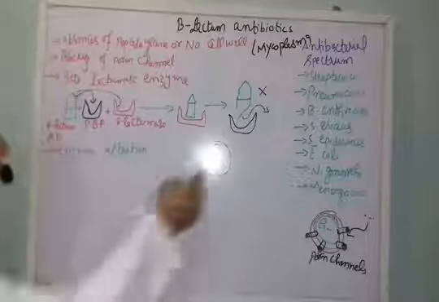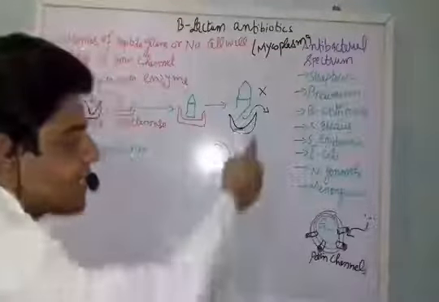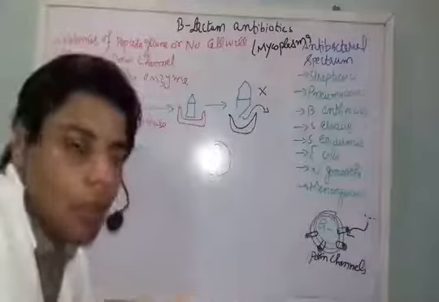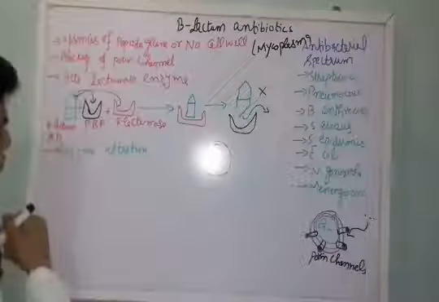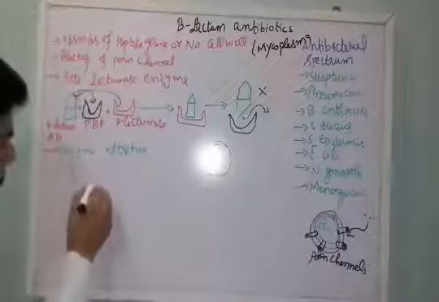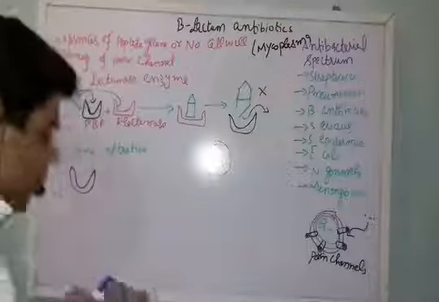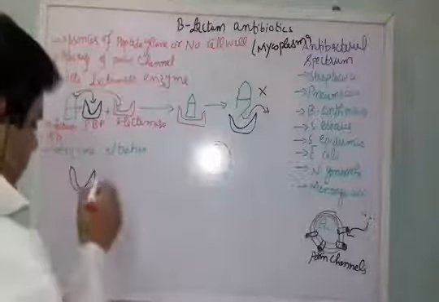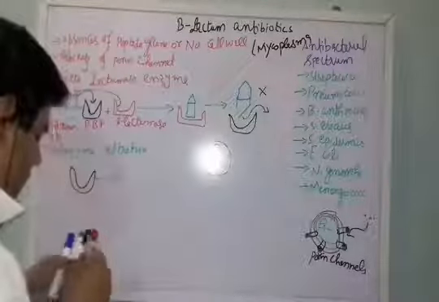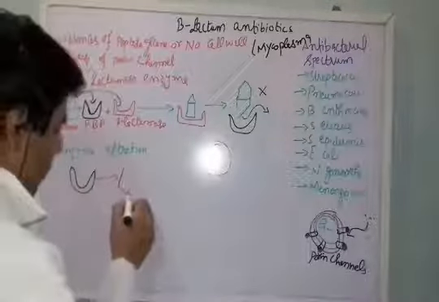It means the enzyme used in cell wall synthesis will be a little bit altered or changed. If we see the structure of this enzyme, let's suppose it looks like this form. But due to some spontaneous mutation, this enzyme will be changed. So what happens?